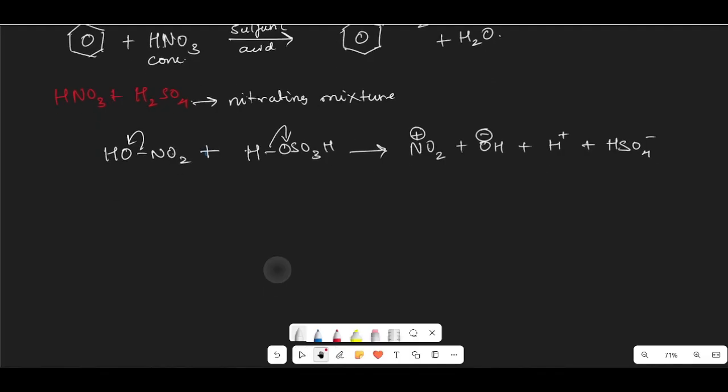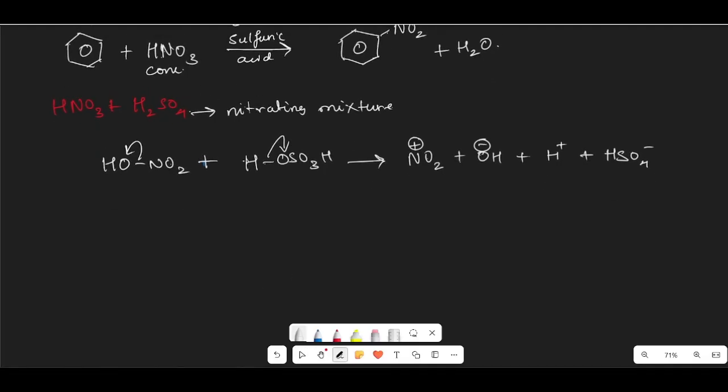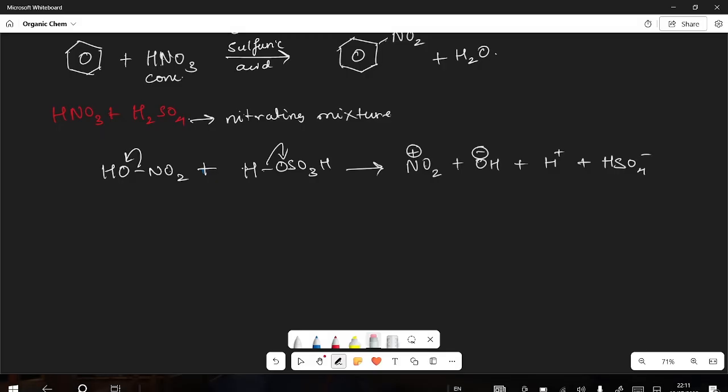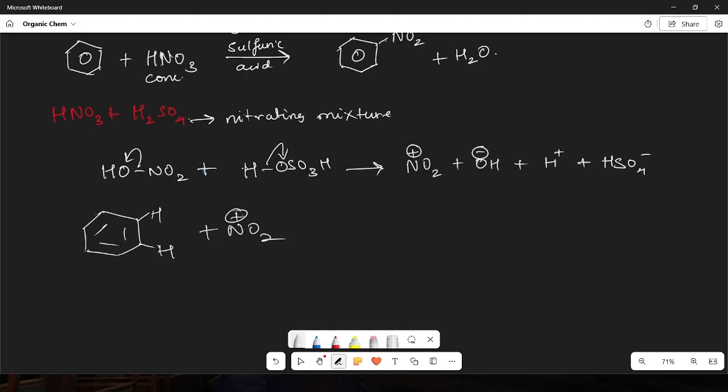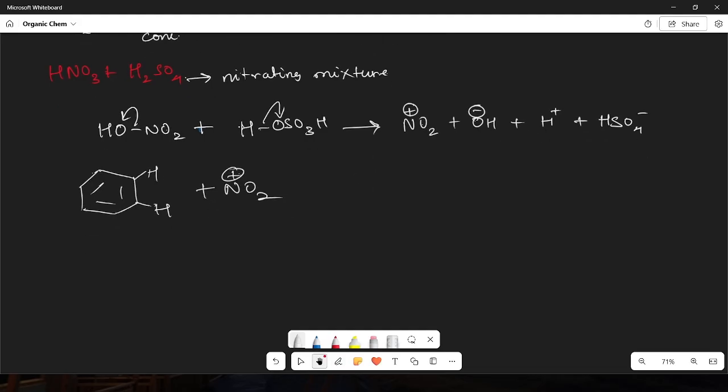Right. So in the next step, we have benzene, an old friend, going about its day as usual, until it is attacked by a nitronium ion. Now the nitronium ion is the attacking electrophile in this case. Okay, so this is the attacking electrophile.